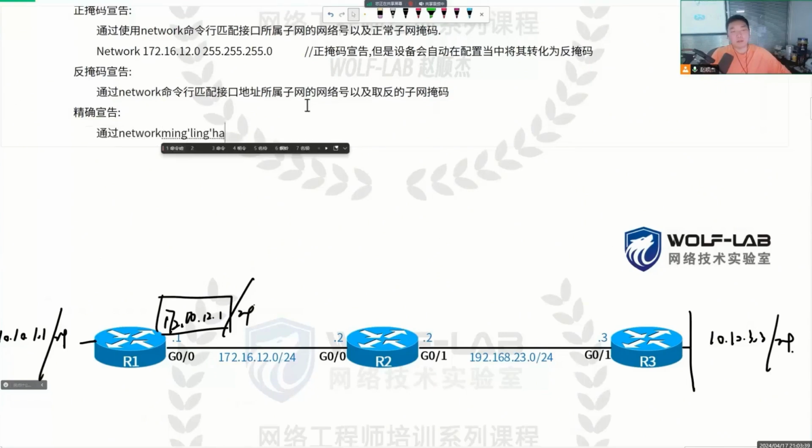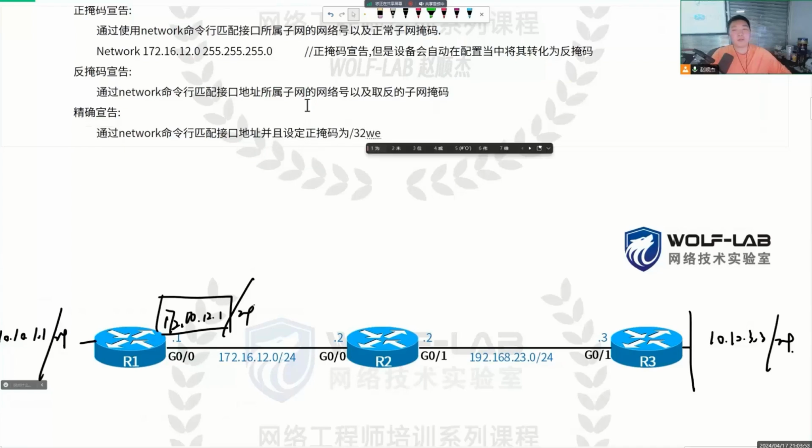0.0.0.0. So we match our interface address through the inverted mask, for example, on R3, router EIGRP 90. Our interface address is 192.168.23.3. I'm too lazy to calculate the mask. Don't want to calculate, right? So what do we do? Directly network my interface address, 192.168.23.3. So the regular mask is 255.255.255.255.